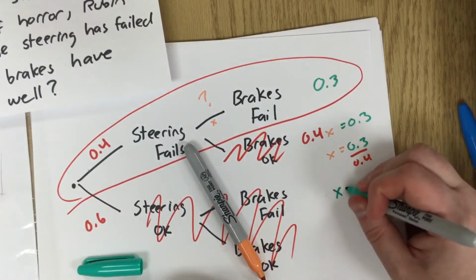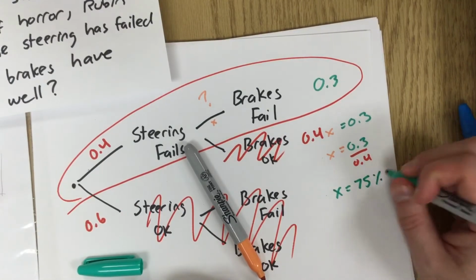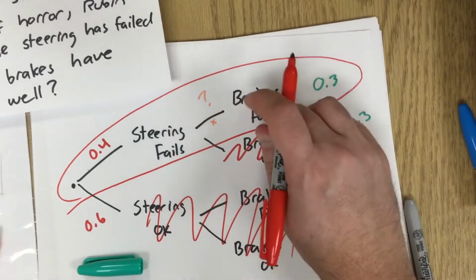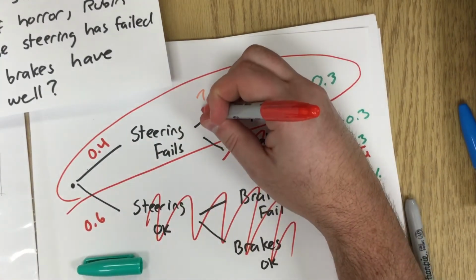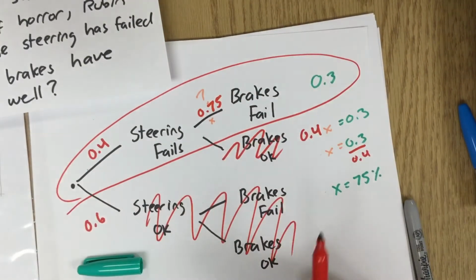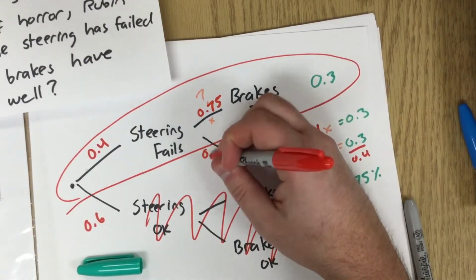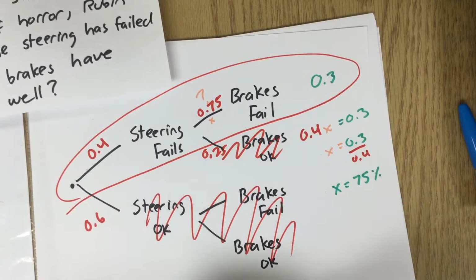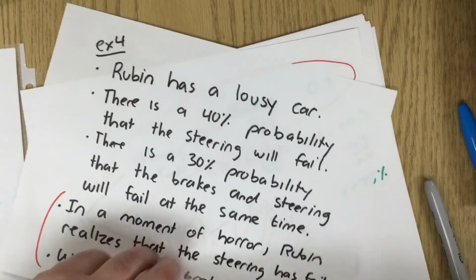Which is going to be 75%, which means that if the steering fails, there has to be a 75% chance that the brakes fail in order for them both to go at the same time. Not that it matters, but it turns out there would have been a 25% chance that the brakes were okay, which is the same answer we got before. So you could either do it with a formula, or you could reason out like this. Both of them are acceptable.